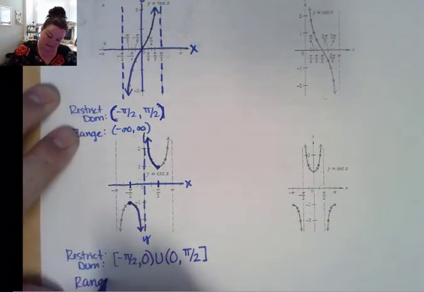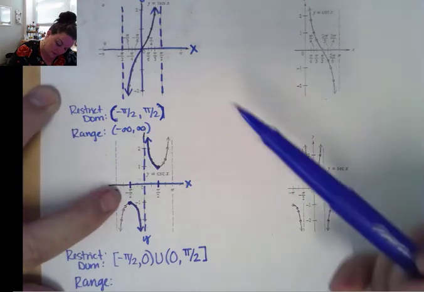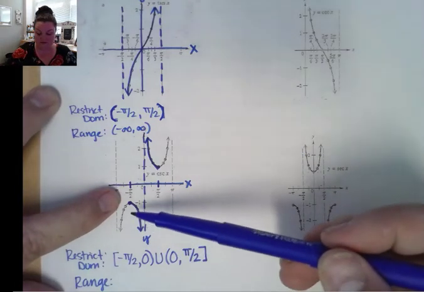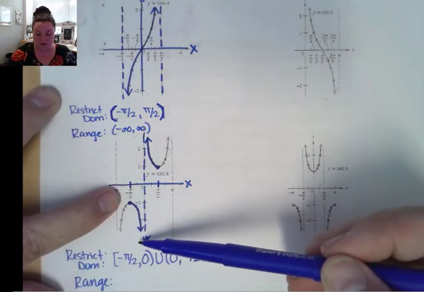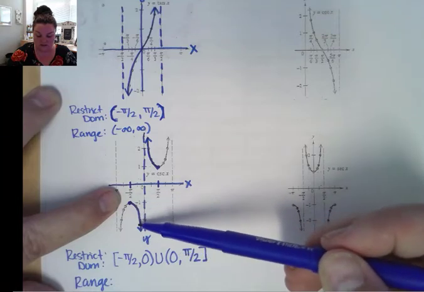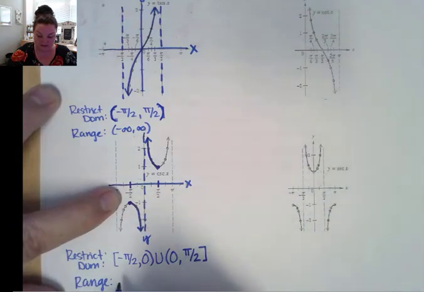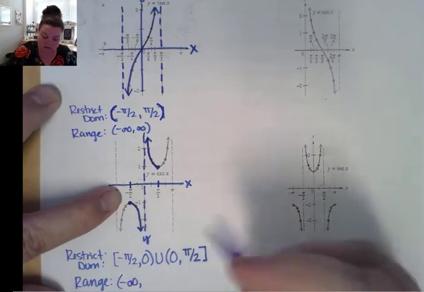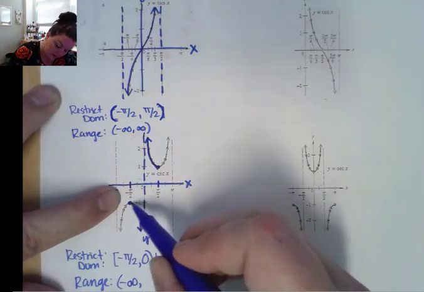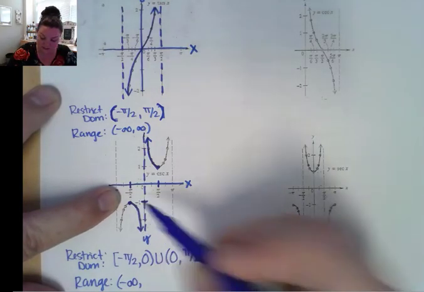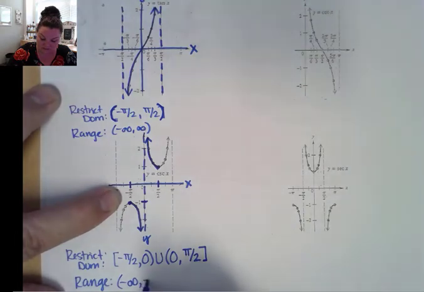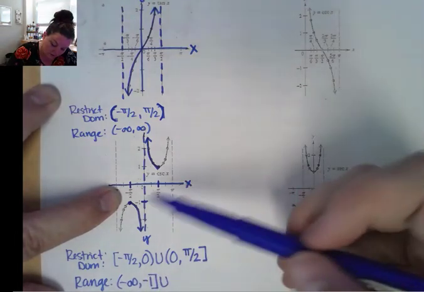And then I need to list my range values. My range values, notice we start at the lowest. Well, this is going to shoot down to -infinity. This piece is just going to keep going lower and lower. So -infinity up to where this piece ends, which is right here at -1, which is included.